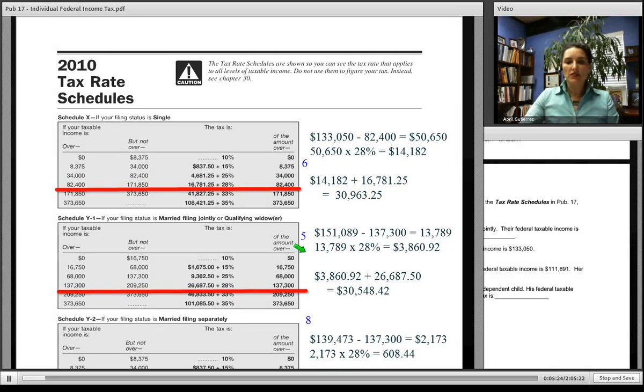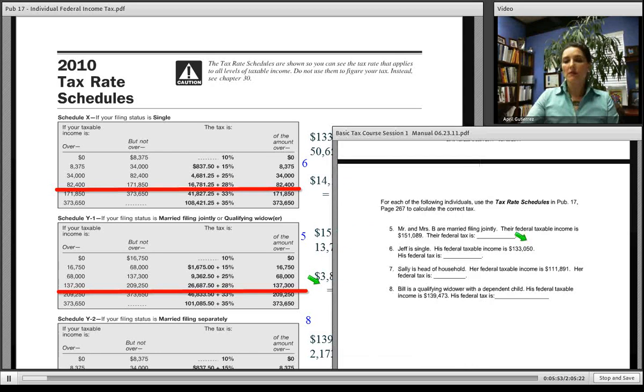Then we take that $3,860.92 and add it to the amount shown on the tax rate schedule, which is $26,687.50. We add those two numbers together and we get $30,548.42, which for tax purposes on the tax return would round down to $30,548.